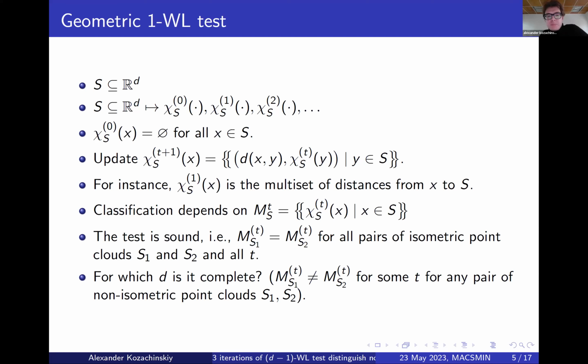Then you can ask in which dimension, or even if there exists a dimension, this test will be complete. So I'm interested whether the following is true: if I have 2 non-isometric point clouds, different in a way that they can be distinguished after some iteration t, they will have different multisets of labels after t iterations in this process.